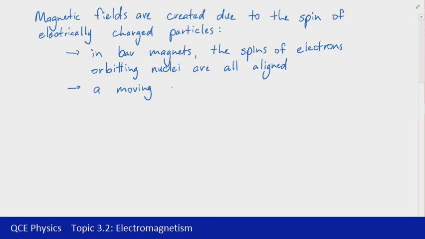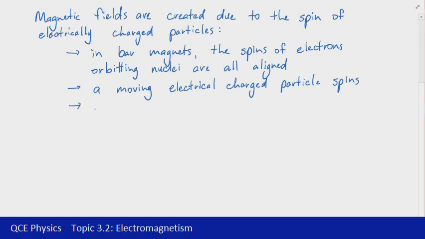A moving electrically charged particle is going to spin. And if we take that spin, we can then identify that as it moves, it's also going to produce a magnetic field due to the spin of that electrically charged particle.